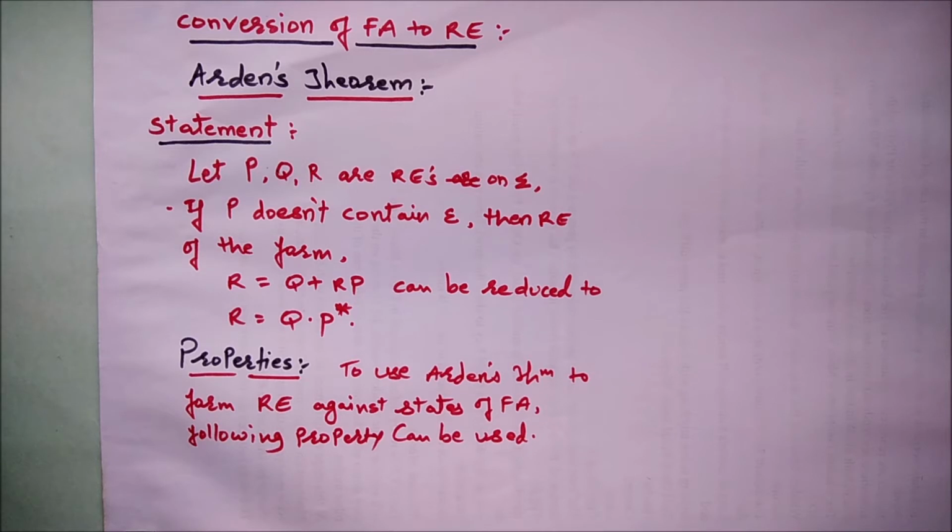And then we saw how the regular expression can be converted into the finite automata. So today we are going to see how the FA can be converted into the RE. Yes, we can convert the finite automata into the regular expression.